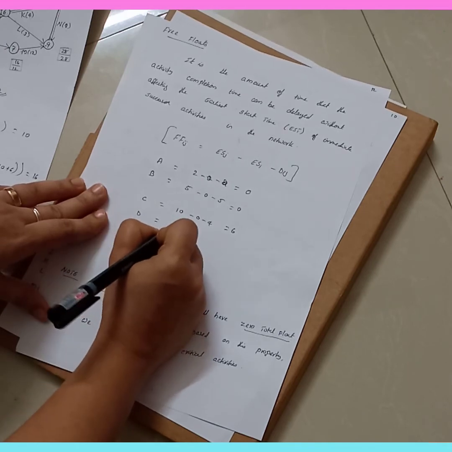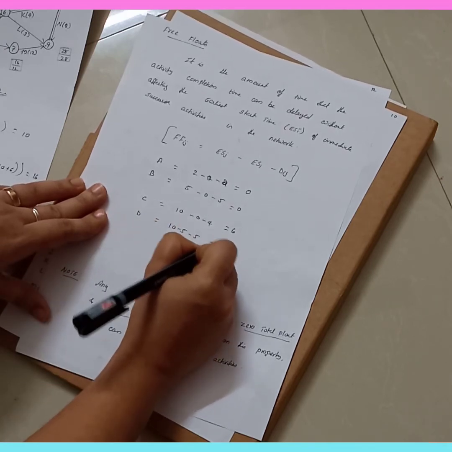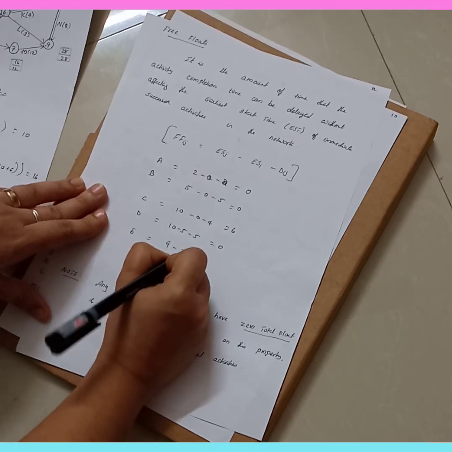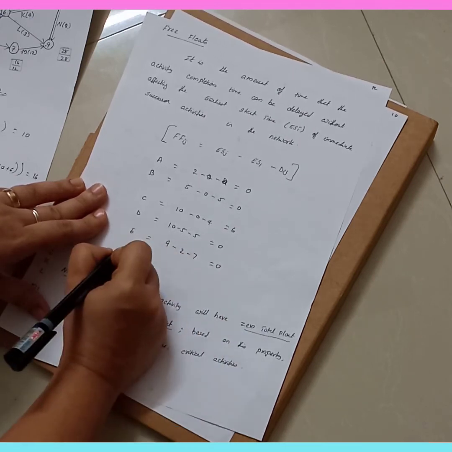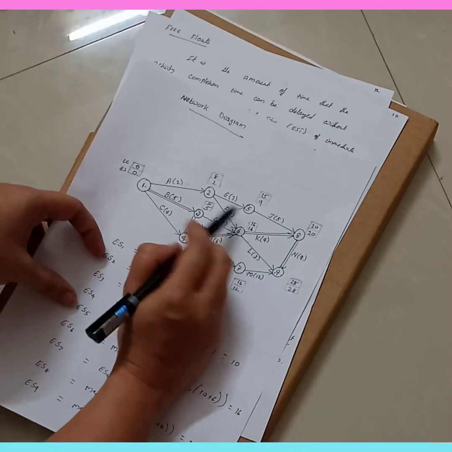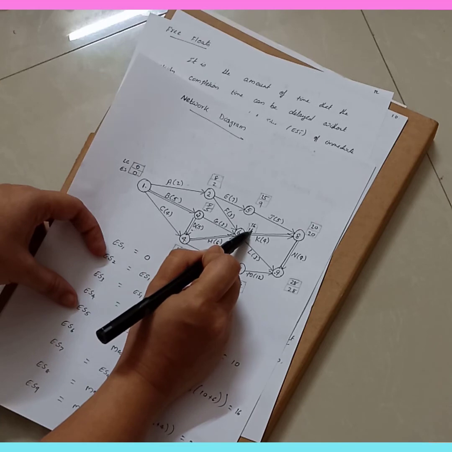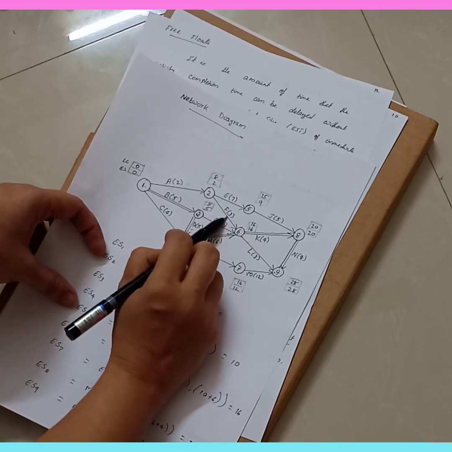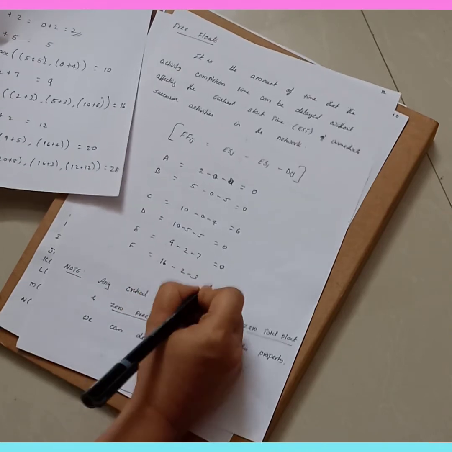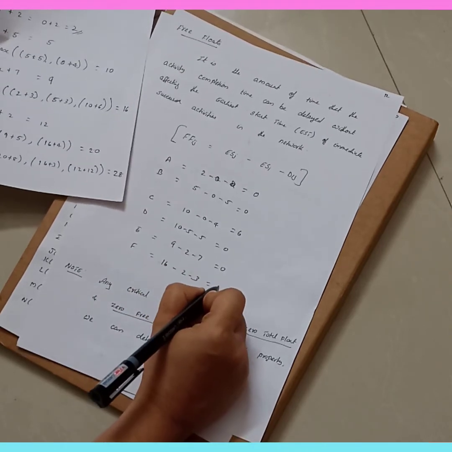D, 10 minus 5 minus 5 is equal to 0. E, 9 minus 2 minus 7 is equal to 0. F, so here you consider the activity F. F is 16 minus 2 minus 3, which is equal to 11.